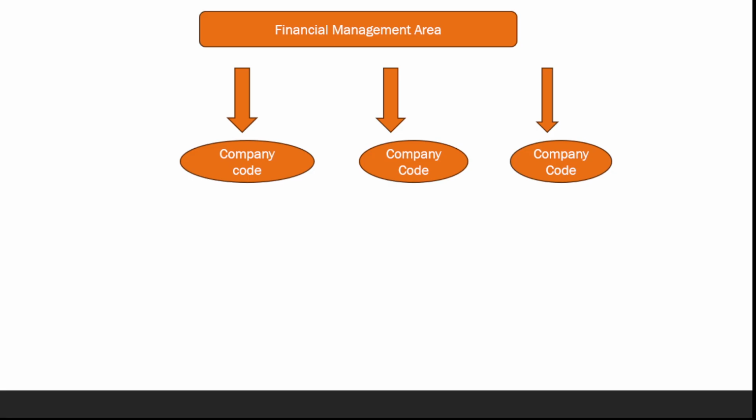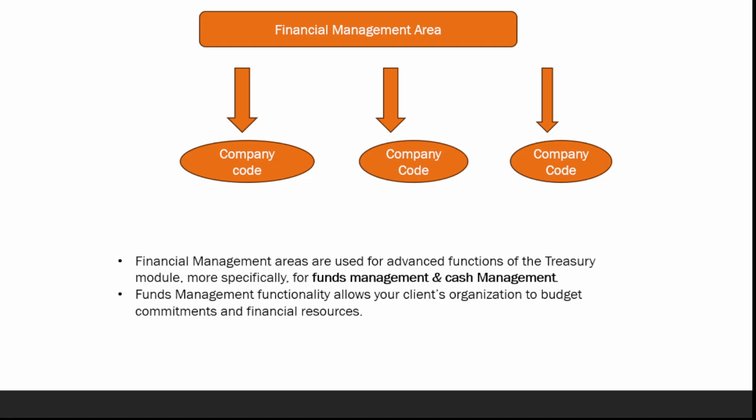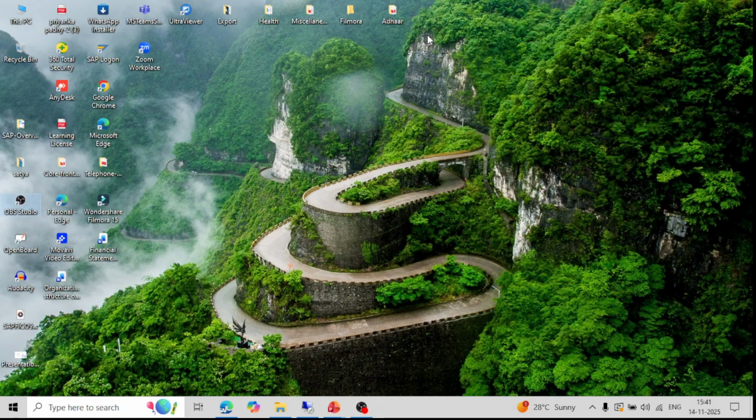The system has to determine which financial management area applies so that it can record the data in funds management. That is why the financial management area is very important, and it can be maintained in a different currency at the same time as well. So this is also another important concept, and we will do that configuration in the system.